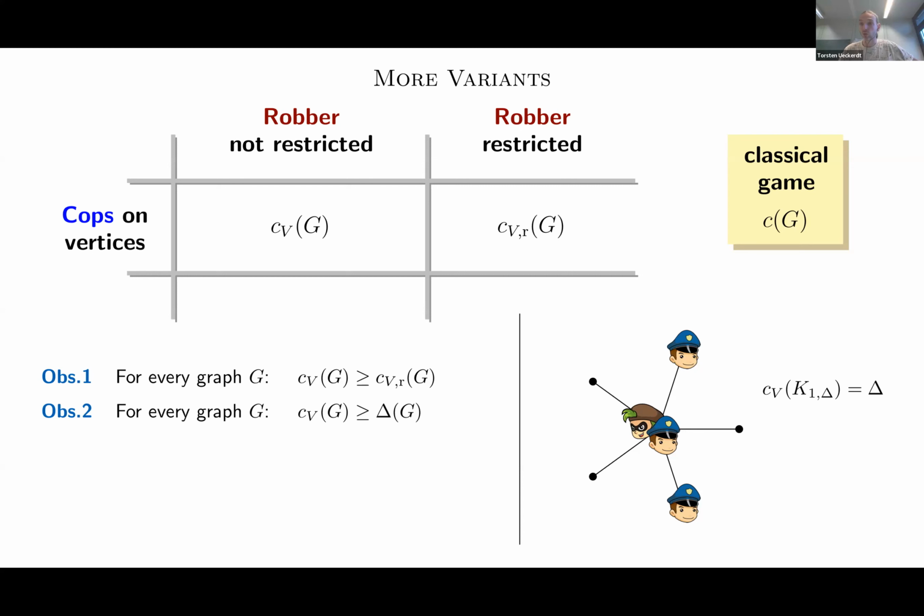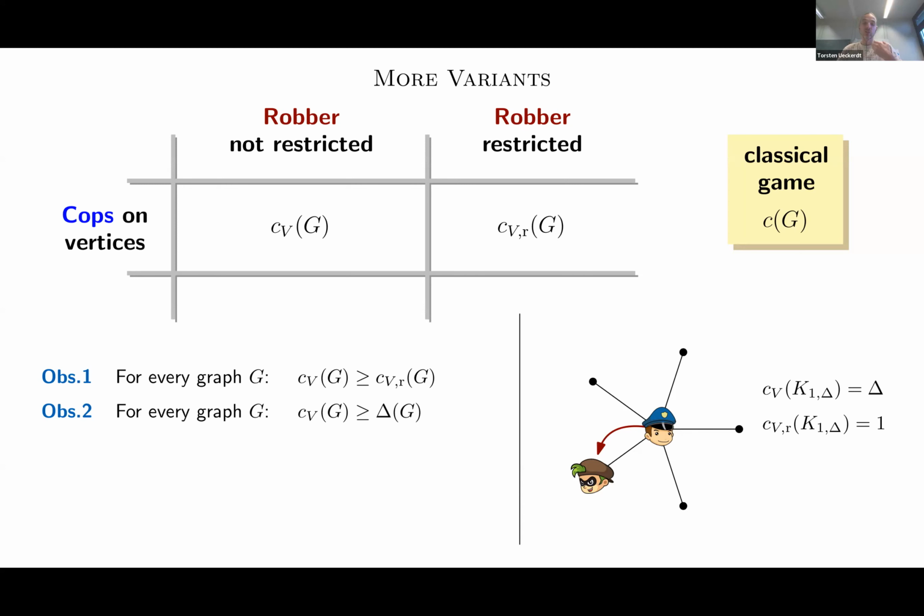However, the restricted variant is just 1, because the 1 cop can just go on the center. Now the robber cannot end his turn on a cop, so he must move away onto a leaf where he is immediately surrounded.